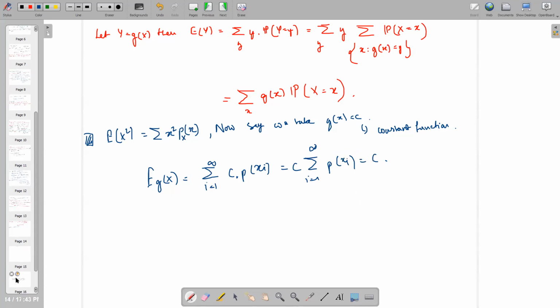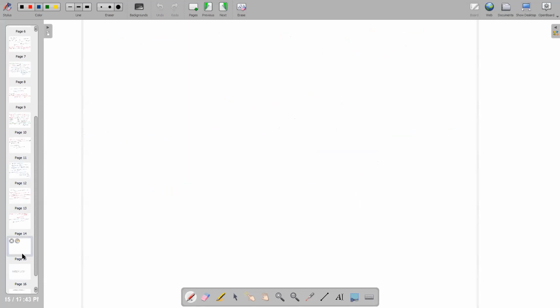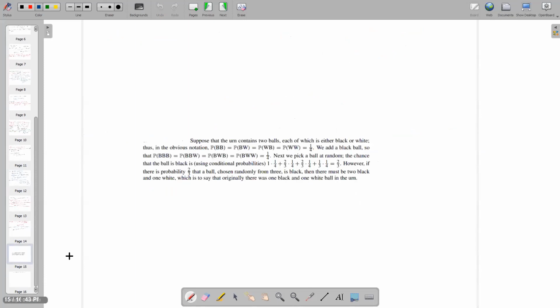Okay, so let's look at this proof: an urn cannot contain balls of different color.